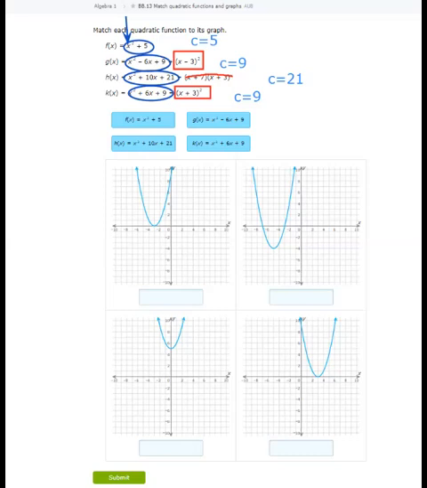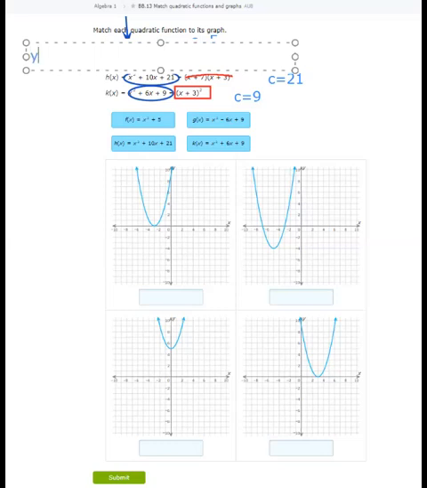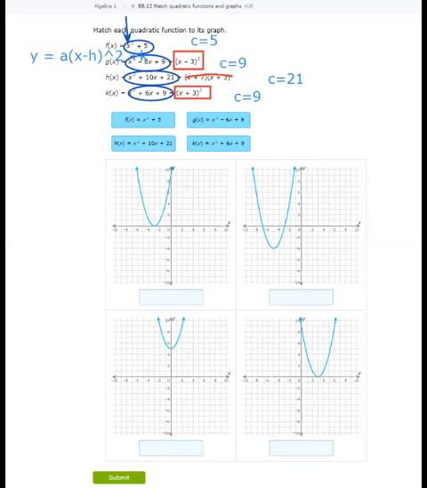Remember that in our vertex form, our vertex is the h and k. So our vertex form is y equals a times x minus h squared plus k. Move that out of our way. So if that's the case, our vertex is h, k. It's going to be the opposite sign of what's in here.